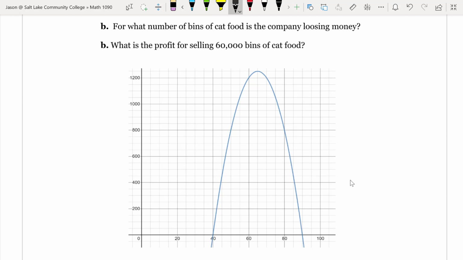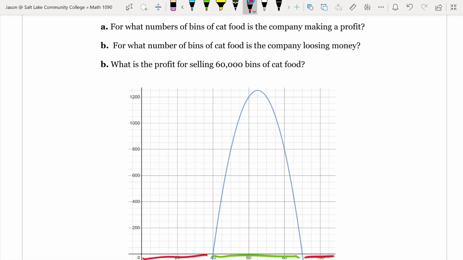So everything in this region of the x-axis represents a profit because the profit values are all positive in that region, whereas anything in this region or this region is going to be negative profits, which is no good.